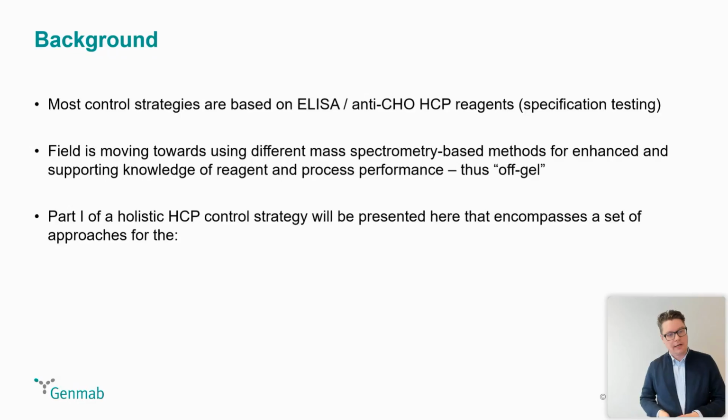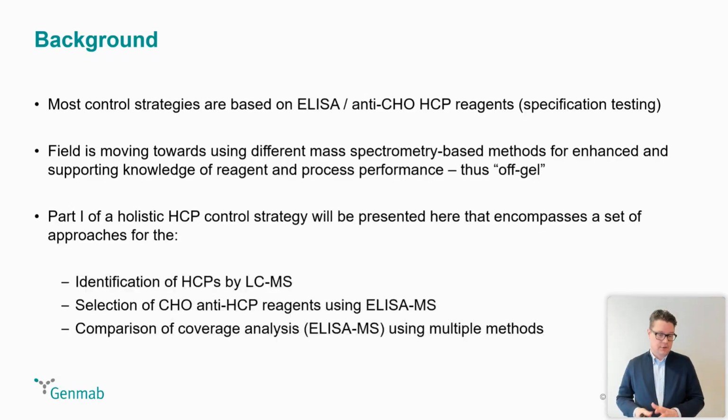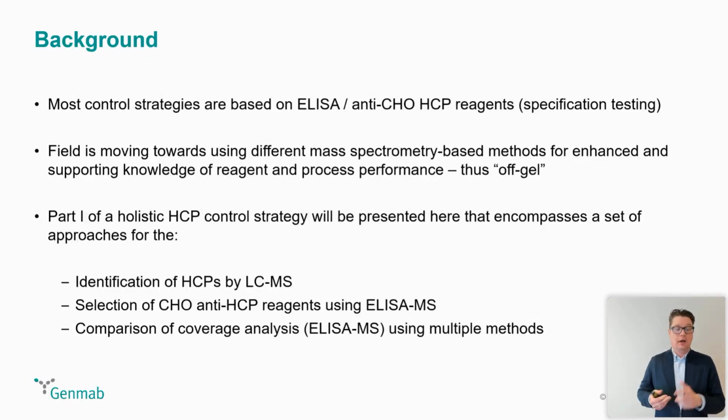As I said, what I present here is part one of what we call a holistic HCP control strategy. The parts that I will discuss are, one, how we identified HCPs by LC-MS, and how we made a screening or selection of, in this case, CHO anti-HCP reagents using an approach called ELISA-MS.